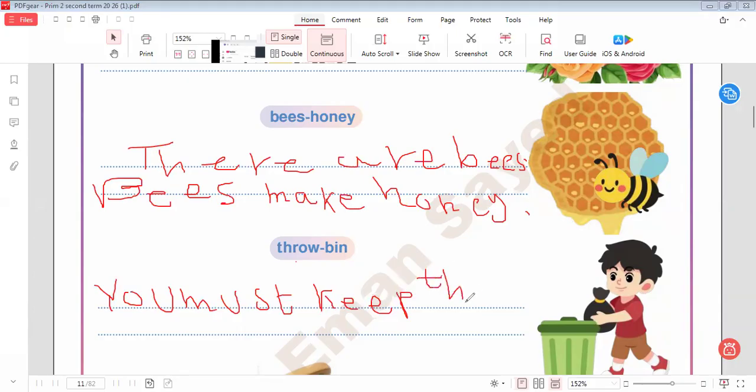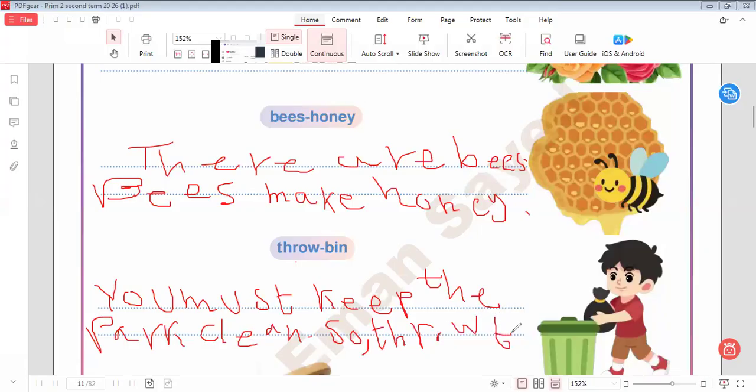Because all the lesson is about the park, throw the rubbish in the bin. Throw the rubbish in the bin.